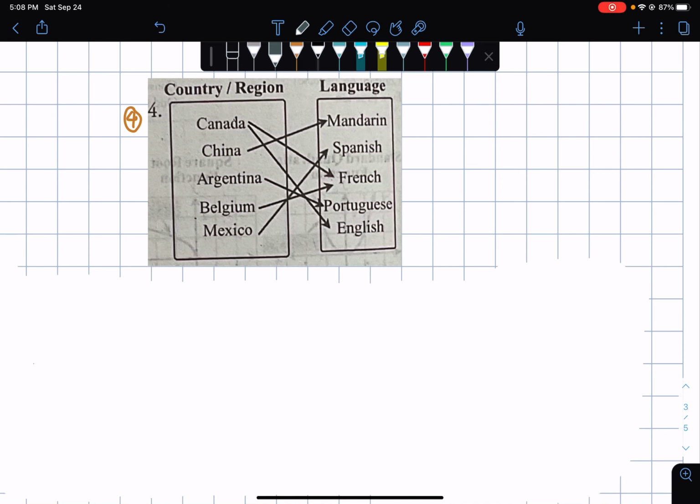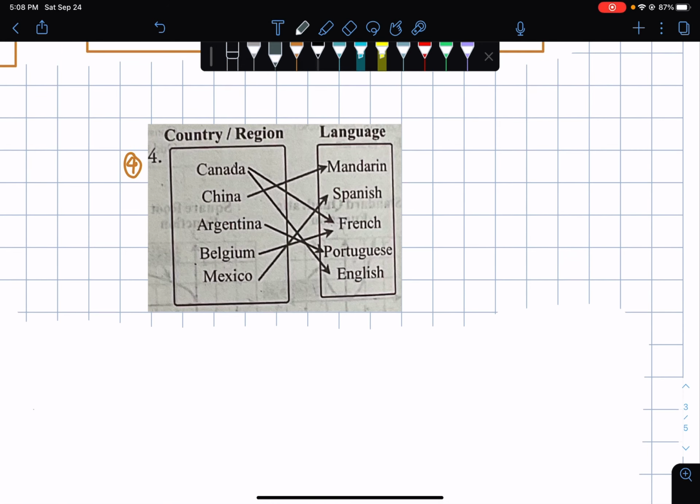For country region, this is set A, and language refers to set B. Right, Canada. Right now, I think it's already safe to say that this is a non-function. But yeah, let's just go ahead. Canada's English, French. China is Mandarin. Argentina is Portuguese. Mexico is Spanish. Belgium is French.